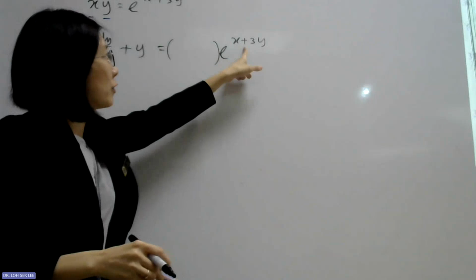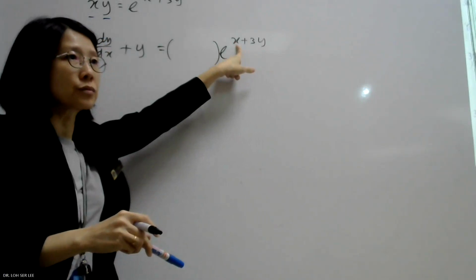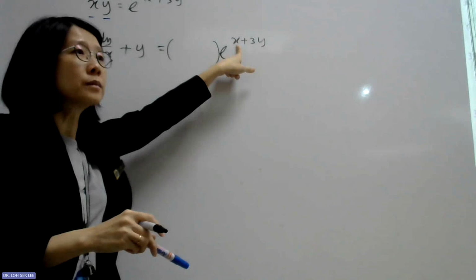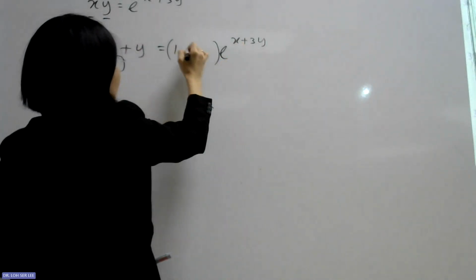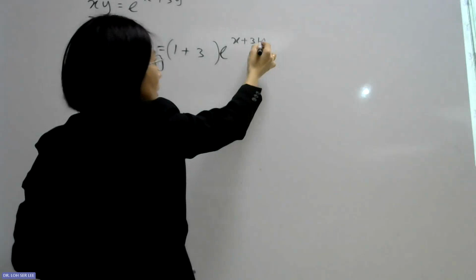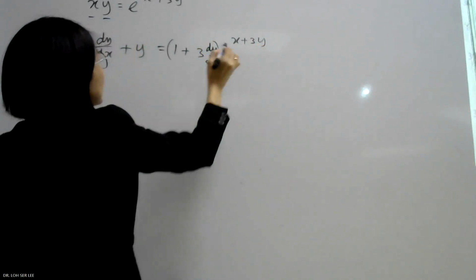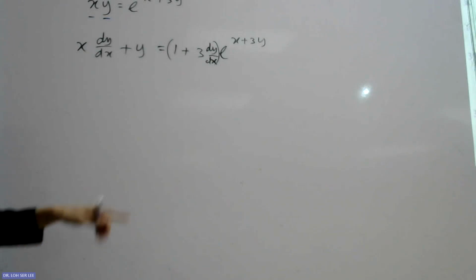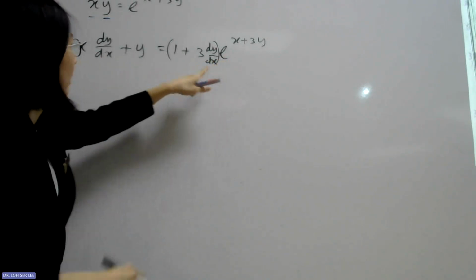So what do you get when you differentiate this one with respect to x? 1 plus 3 dy dx. Then we want the term of dy dx, so we expand.